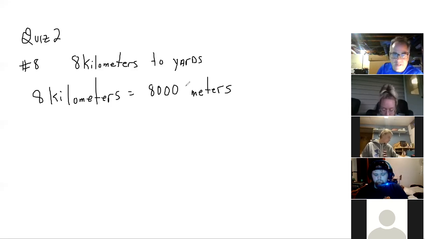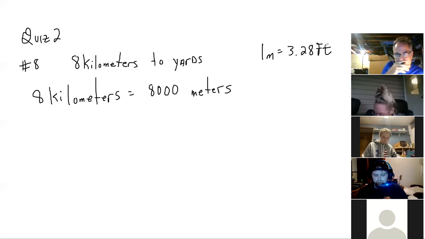And what I'm looking at on that chart is, 1 meter is 3.28 feet.